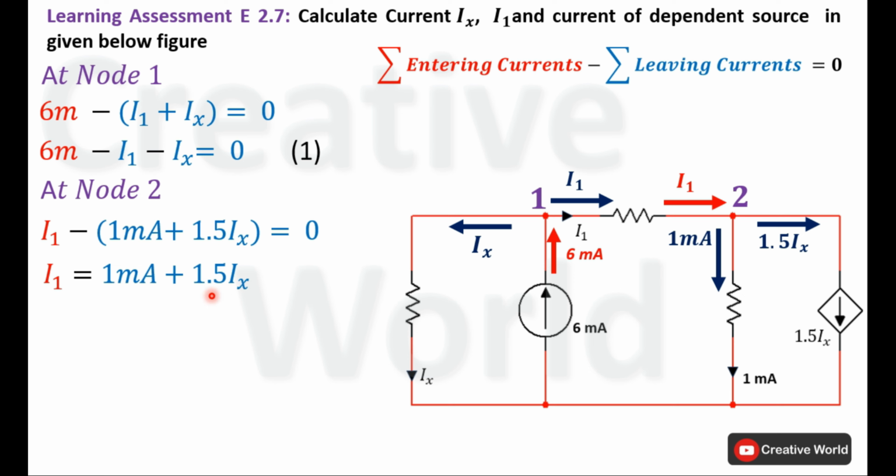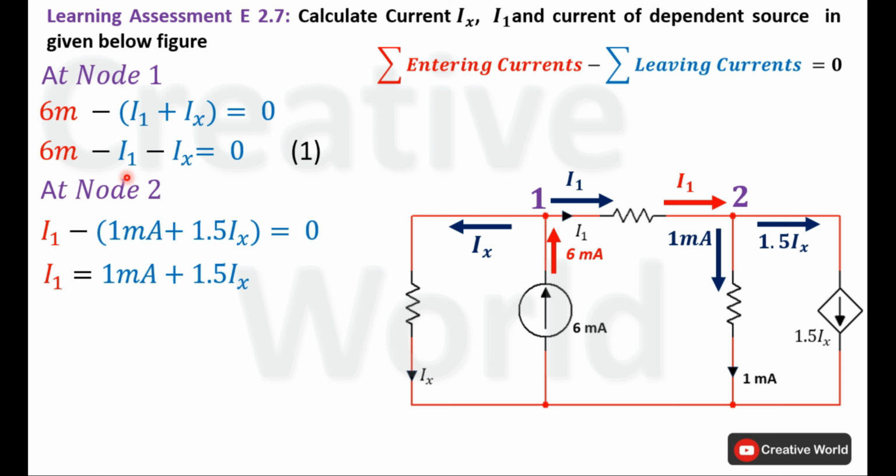We cannot further solve it, but we can place the value of this I1 into equation 1 to calculate the value of Ix. If we place the value of I1, that is 1 milliampere plus 1.5 Ix, here in this equation, then this equation will have only one variable, that is Ix.